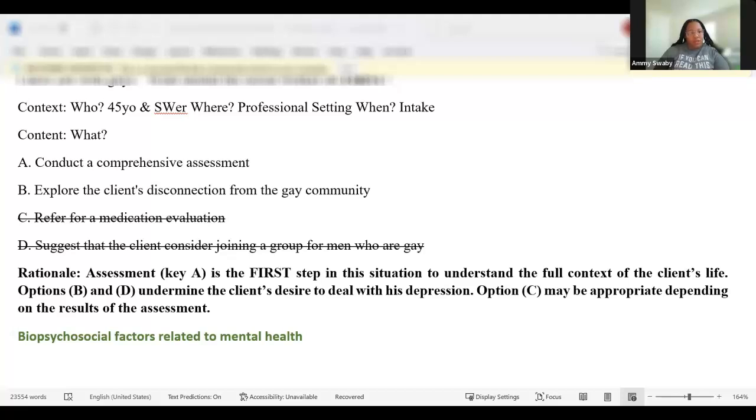I felt like the client did a lot of disclosure, and for us to just jump in like, okay, thank you for telling me everything that you told me, for example, Jason, so let's do a comprehensive assessment now, it didn't allow us to explore the client's disconnection from the gay community. That's the reason why I was thinking it would be B, then A, not A first. Okay. All right.